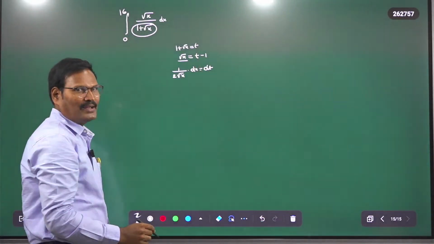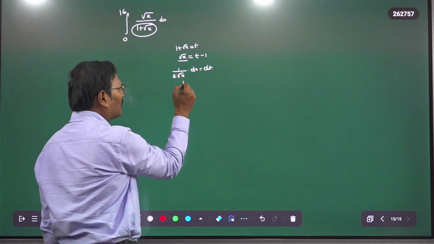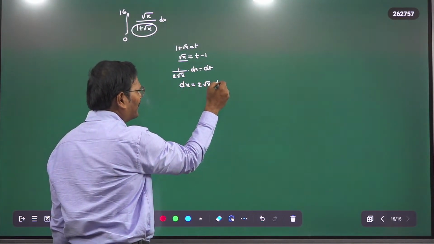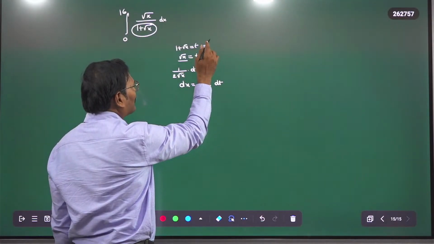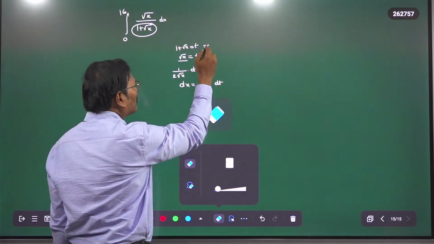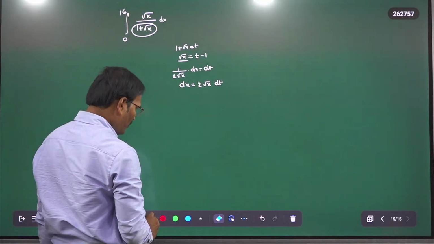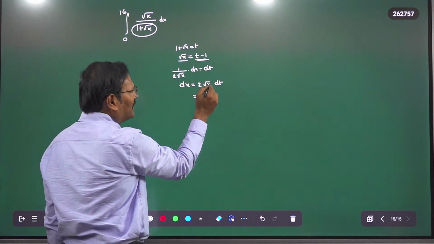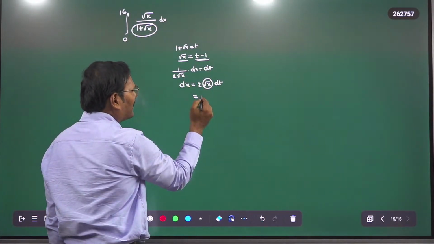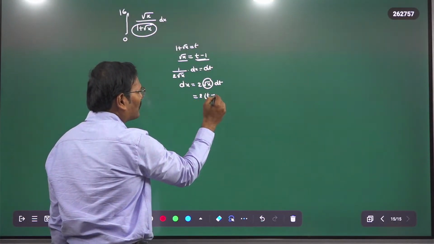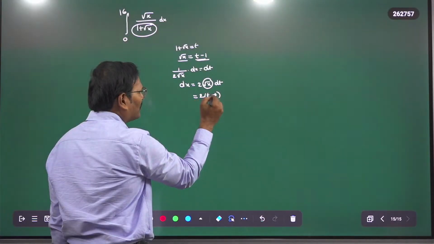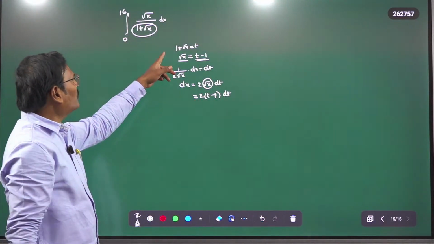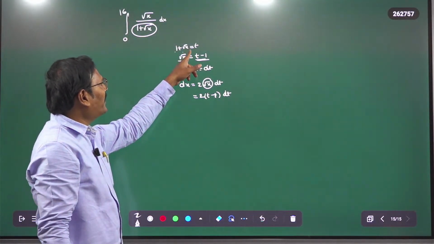Derivative of constant is 0. dx is equal to 2 into root x dt. So already here we know root x is equal to t minus 1. I am substituting in place of root x, t minus 1. 2 into (t minus 1) dt.